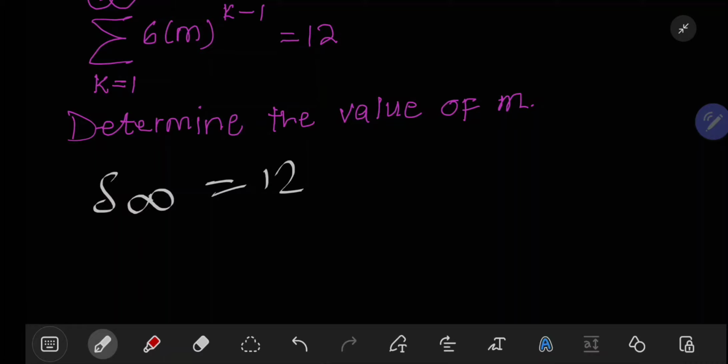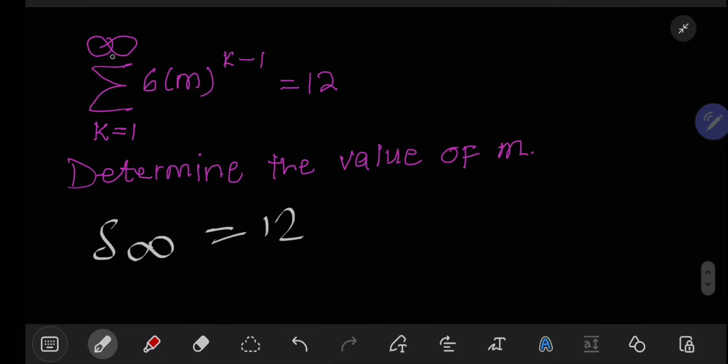This is what this whole expression on the left is saying. They want you to determine the value of m. Remember, when we are given this, you have to expand and form at least 3 terms, so that you can find the difference and everything.